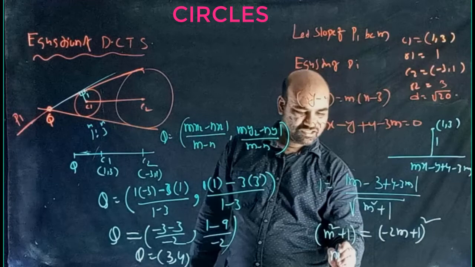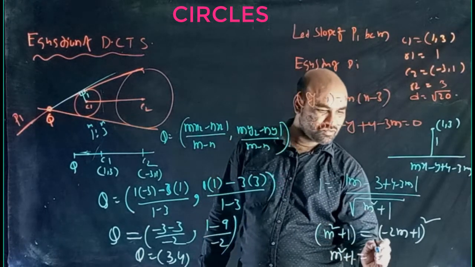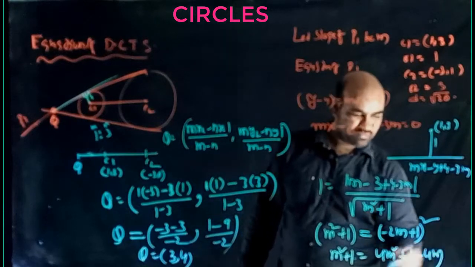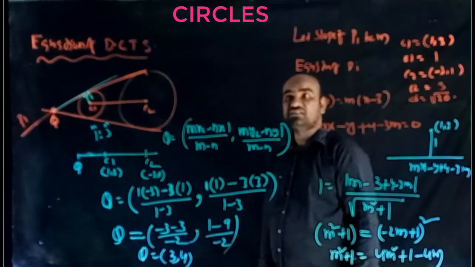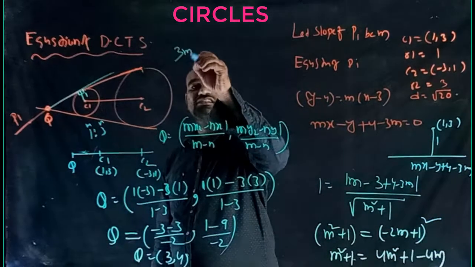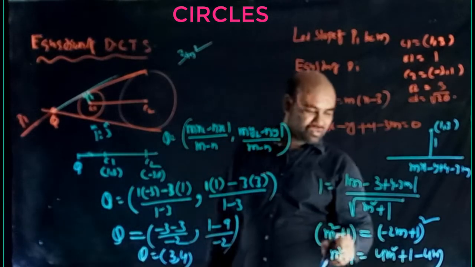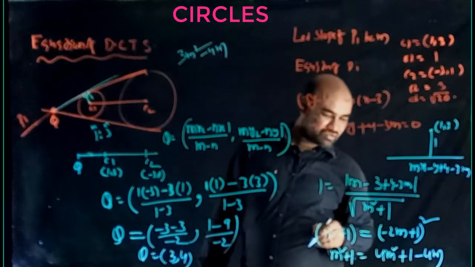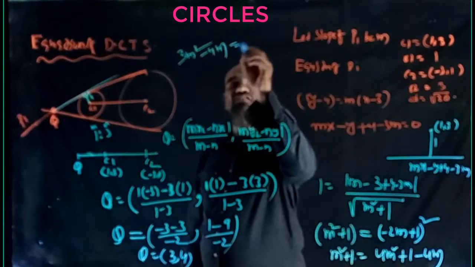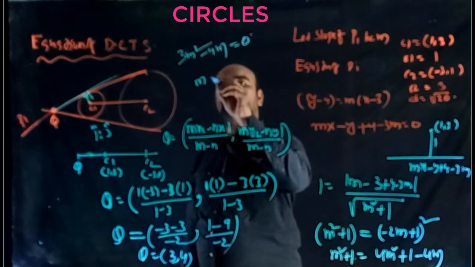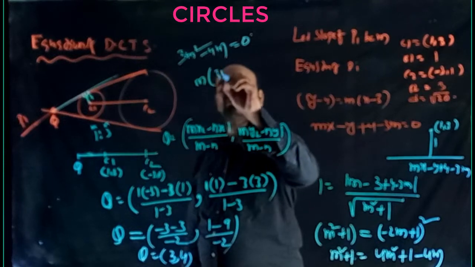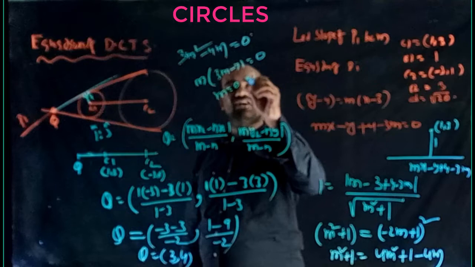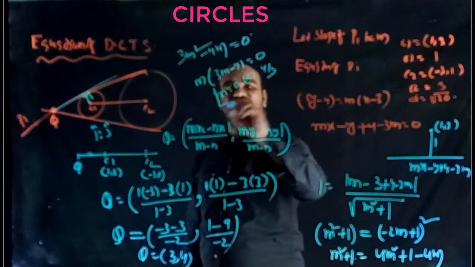That is, m square plus 1 equals 4m square plus 1 minus 4m. So 3m square minus 4m equals 0. Taking m common, m(3m minus 4) equals 0. So m equals 0 or 4/3.